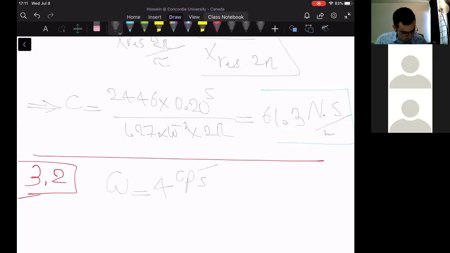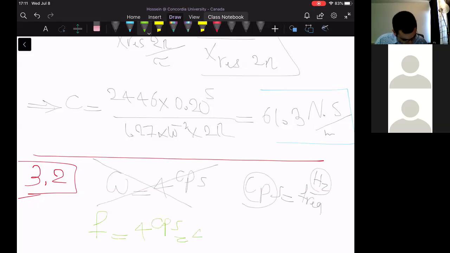So it is not good to show it with omega, because cycles per second is nothing but frequency in hertz. It is better to say f is 4 cycles per second or 4 hertz.